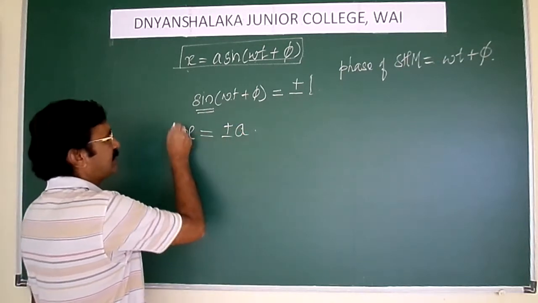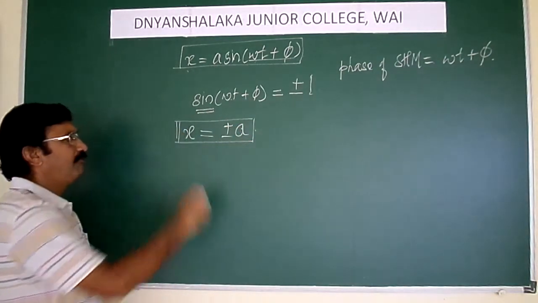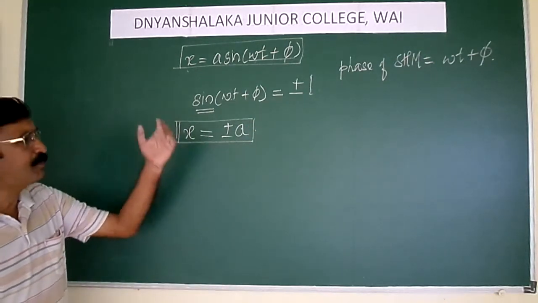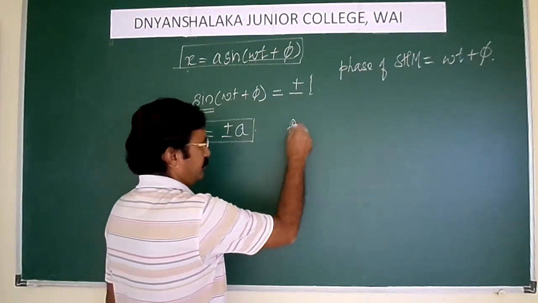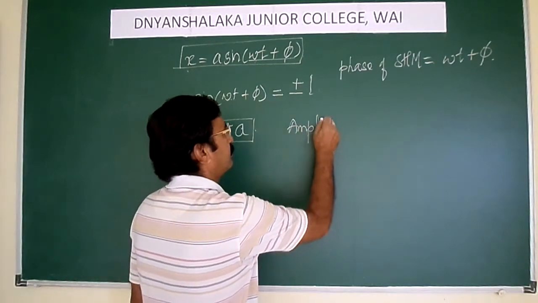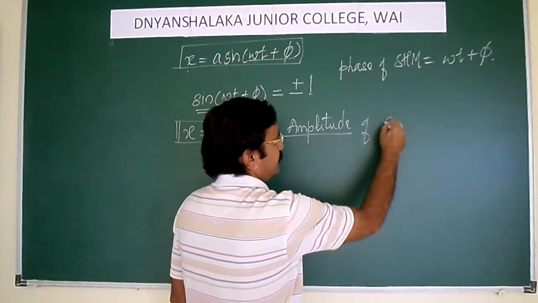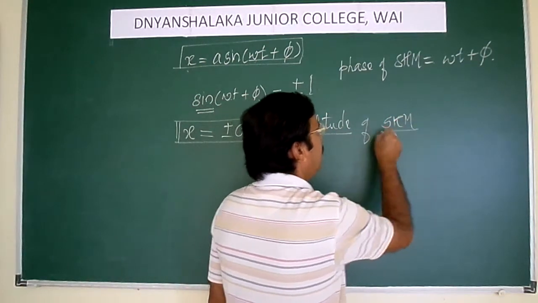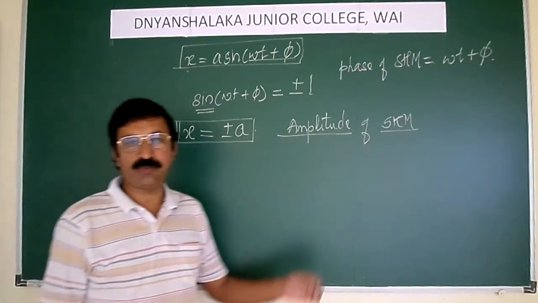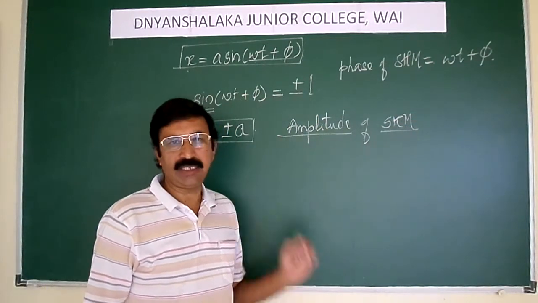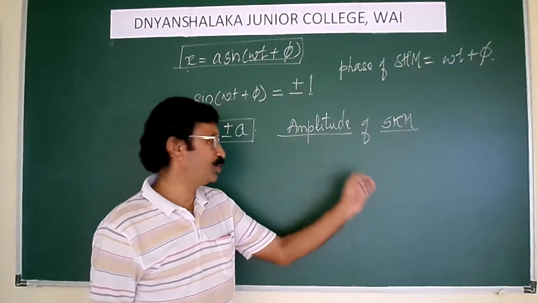This is the maximum displacement which the particle can perform. And so amplitude of SHM is defined as the maximum displacement of the particle performing simple harmonic motion.